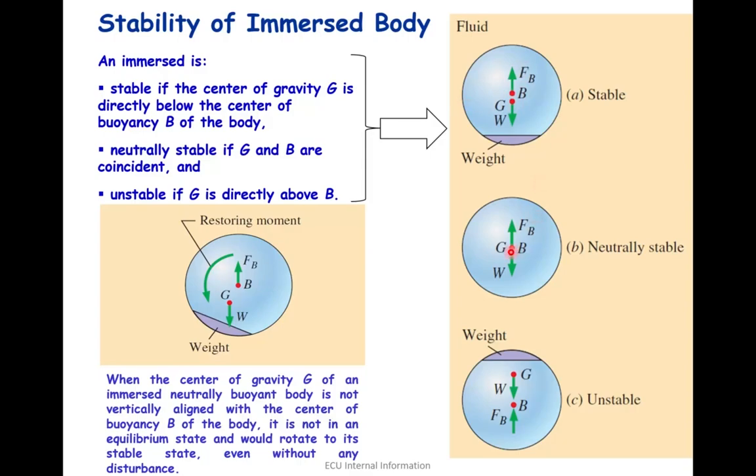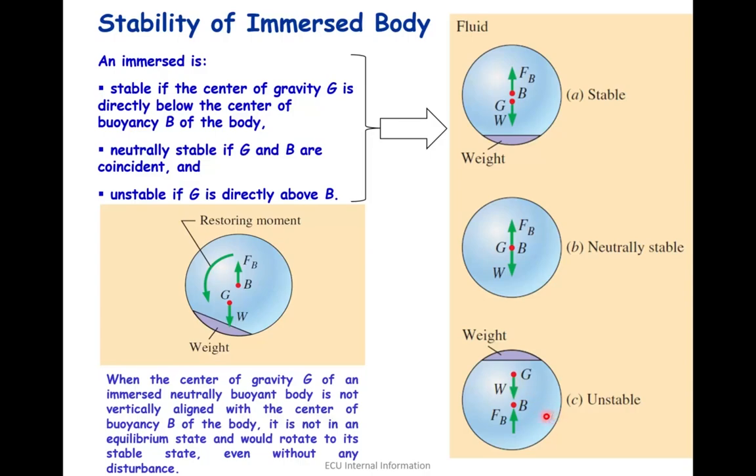However, if the center of buoyancy and center of gravity coincide, then we say it is neutrally stable. That means no turning moment is created. However, if the center of gravity is above the center of buoyancy and the object is immersed, then if it is tilted this way, you can see the moment acting is in the direction that it is tilted.